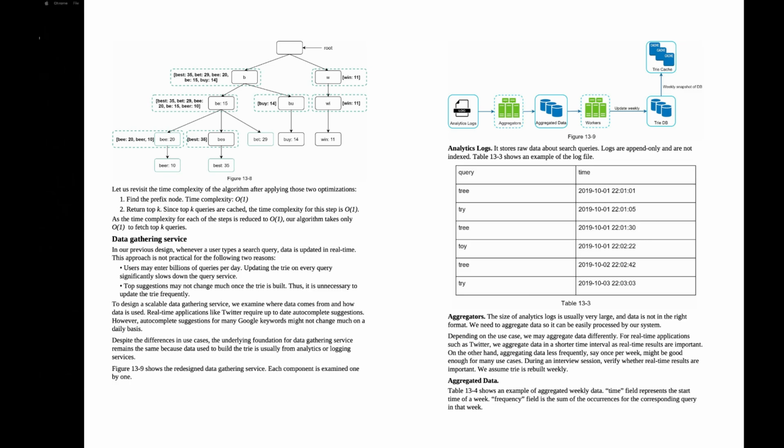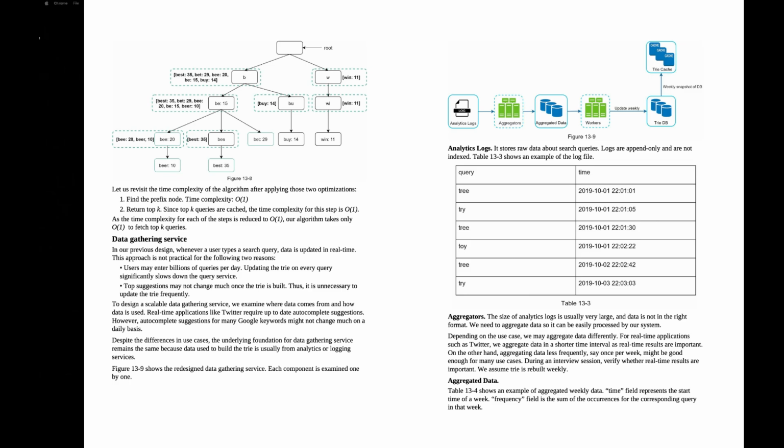So there's an analytics log, then they are calling aggregator data workers, updated weekly in the trie DB and trie cache. They are updating it weekly instead of all. Yeah, they are saying that it is very expensive to update it in real time.